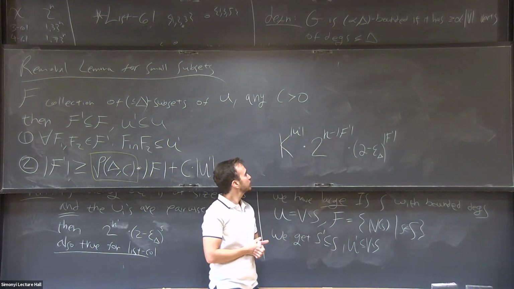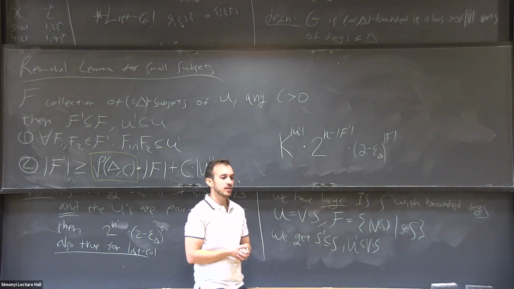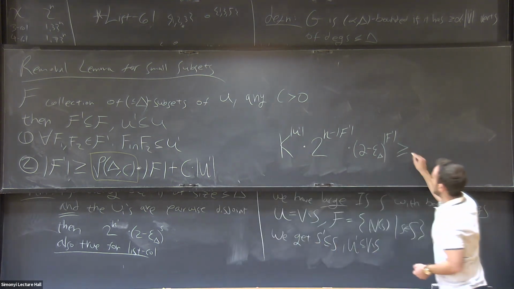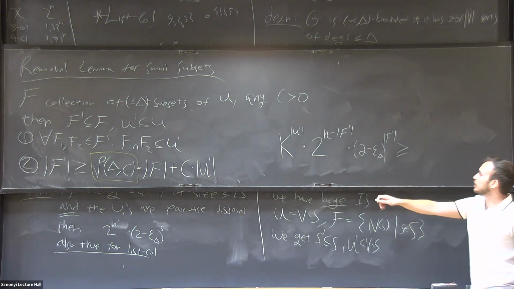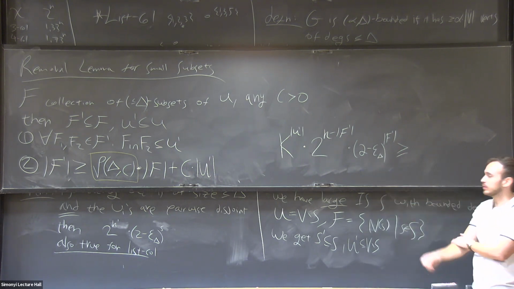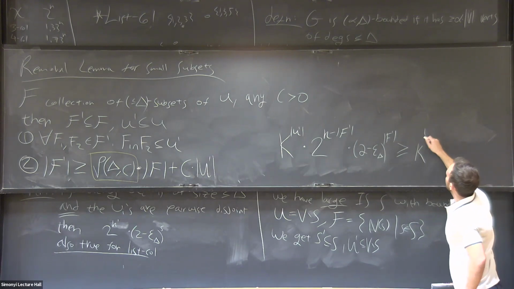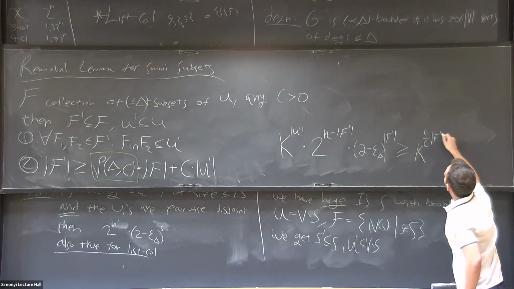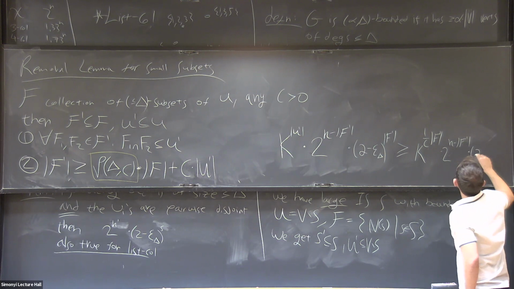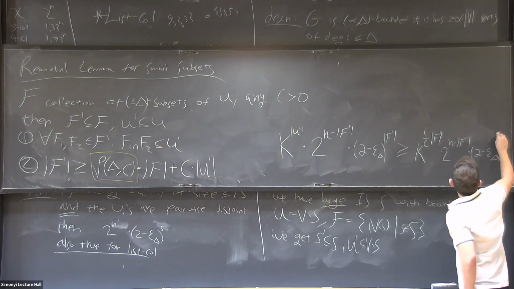But the point is that C will depend on K. So the point is that because of the second part of the statement, U prime is at least 1 over C times F prime. Right, this is K to the 1 over C times F prime, times 2 to the N minus F prime, times 2 minus epsilon delta to the F prime.